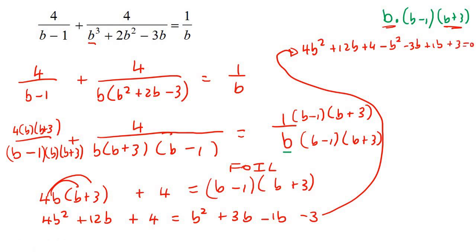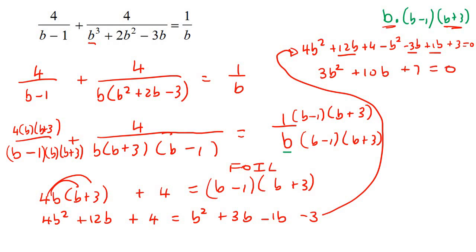Okay, so if you put these two together, that would be 3b squared. And then if you put those three together, that's 12 minus 3, which is 9. 9 add 1 is 10. And then the numbers, 4 plus 3 is 7.